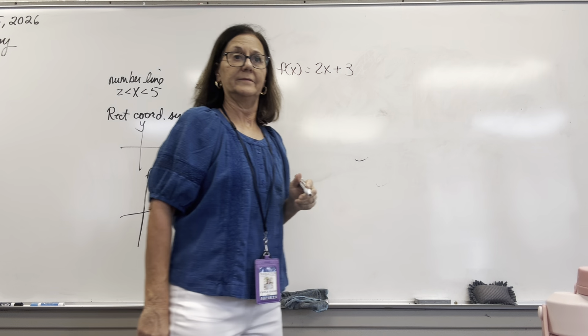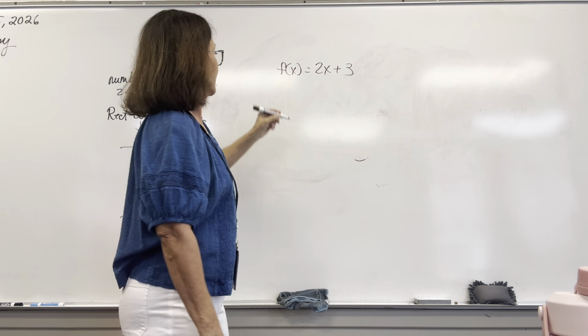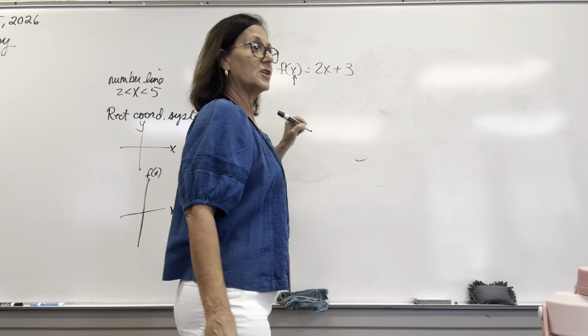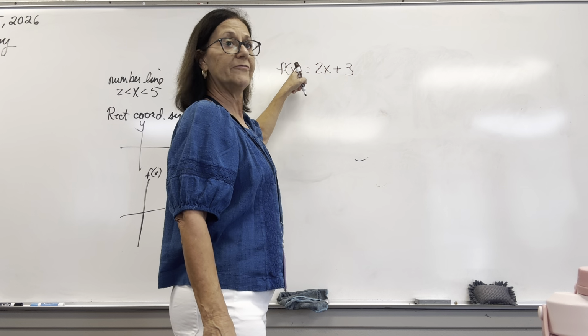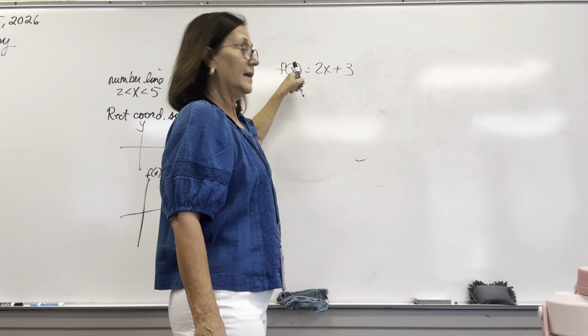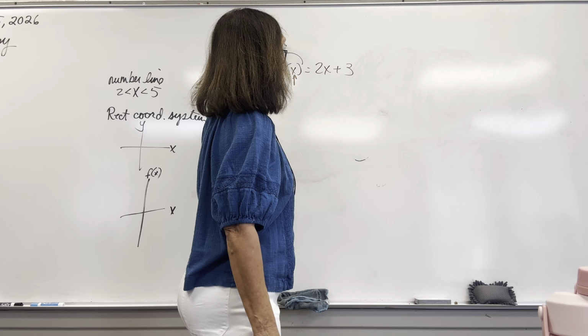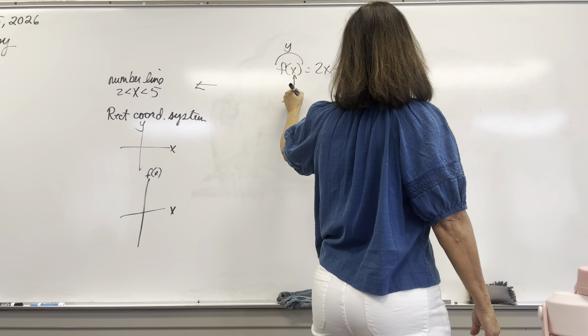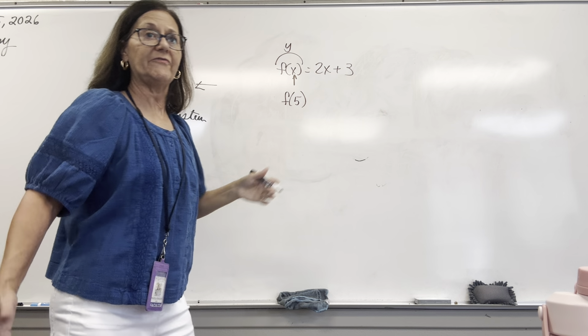This is function notation. All right? What this says is substitute a value in for x such that you solve for y. So if I said f of 5, what is f of 5?